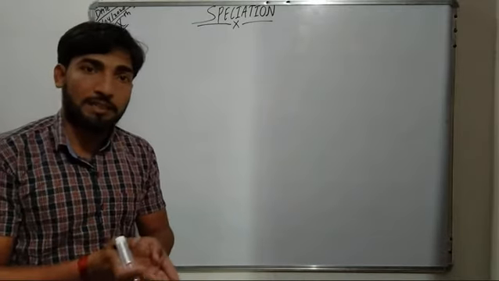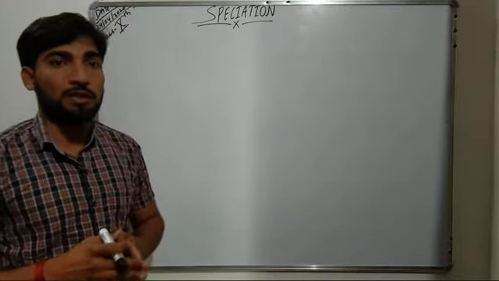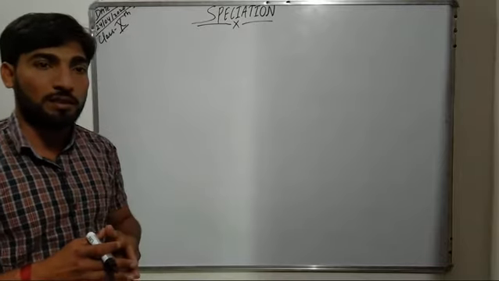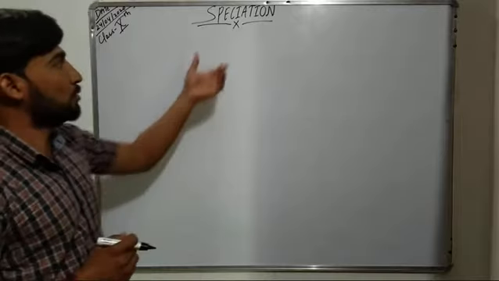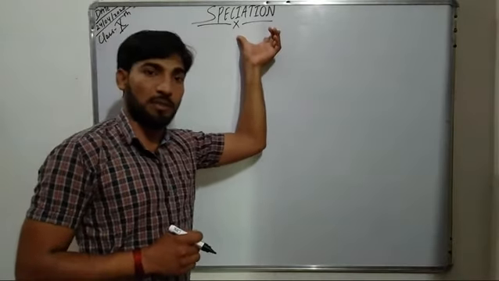So finally it results in reproductive isolation, and this reproductive isolation results in the formation of new species, and that process of formation of new species is known as speciation.